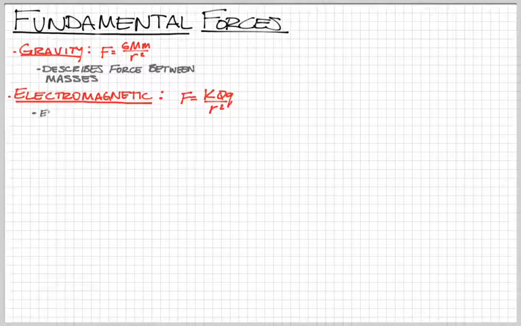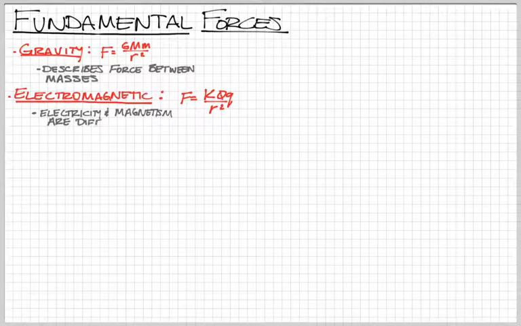And what we're going to say about this is that electricity and magnetism are completely different phenomena, but their underlying physics is very, very close to, well, it is the same thing. So they're explained by the same thing, but they are 2 completely different phenomena.